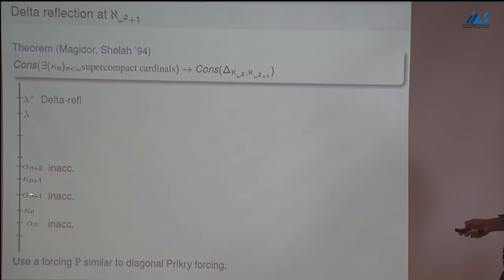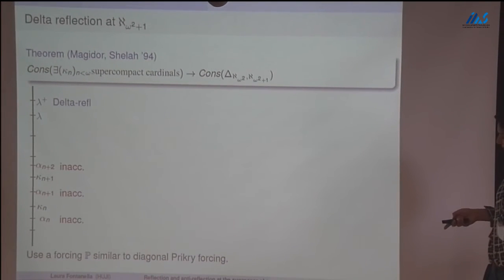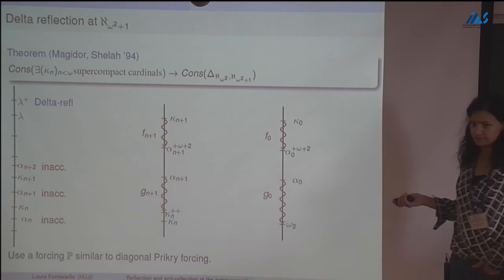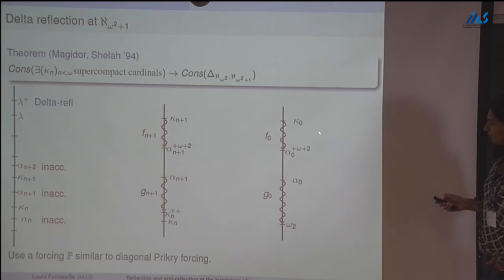So each alpha n is between kappa n minus 1 and kappa n. And then together with the omega sequence, you collapse cardinals in this way. Let's use the Easton order, so let's start from right to left. Below kappa 0, what happens is the following. The forcing collapses cardinals between omega 2 and alpha 0, so alpha 0 becomes Aleph 3, and then it collapses all cardinals between alpha 0 plus omega plus 2 and kappa 0.